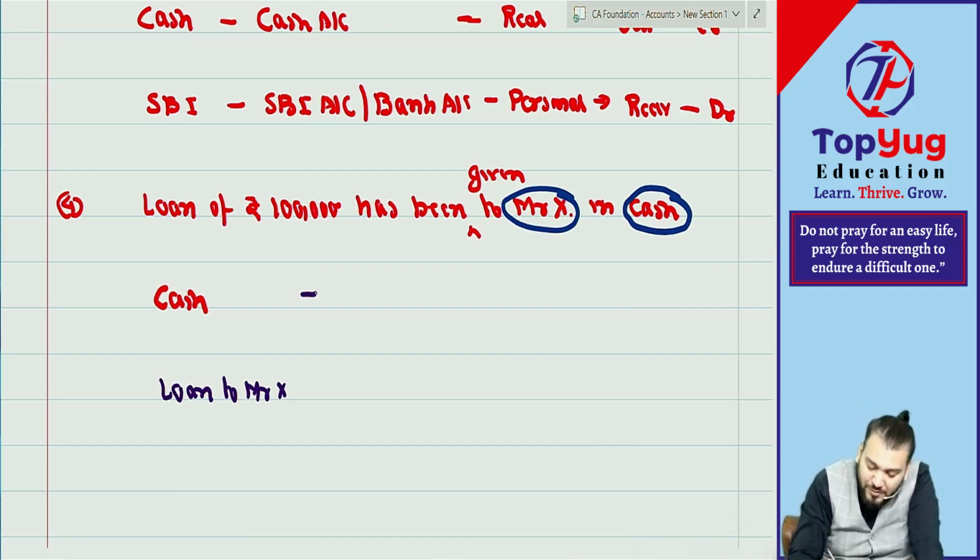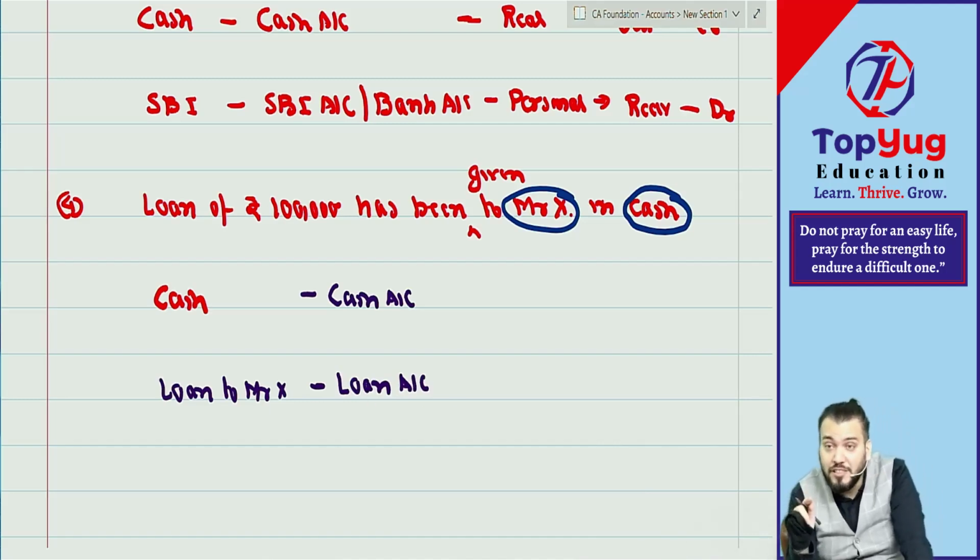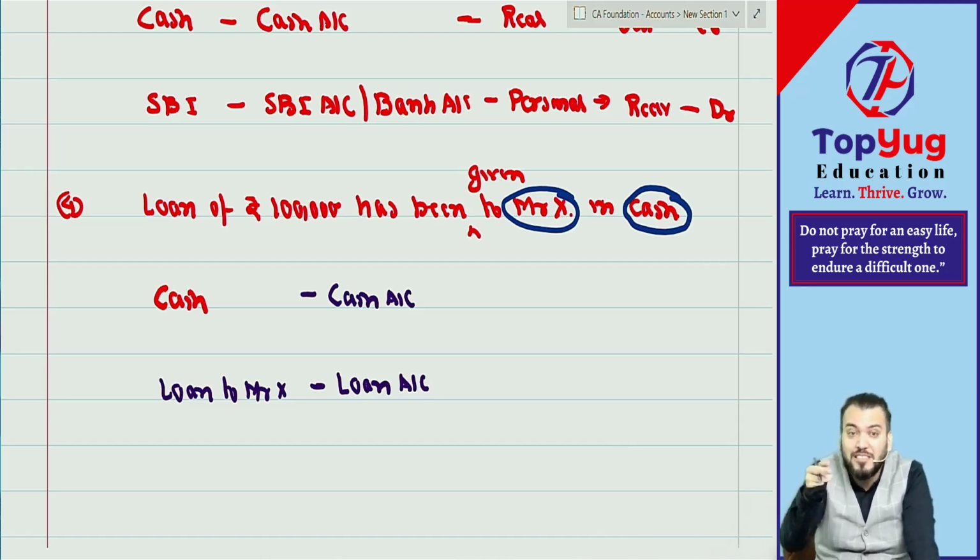So for cash which account? Cash account. For loan to Mr. X, which account? Either you can open a loan account or you can open Mr. X account also. Mr. X will become a natural person. Loan account will become a representative personal account, because loan will represent Mr. X. So both are personal accounts.